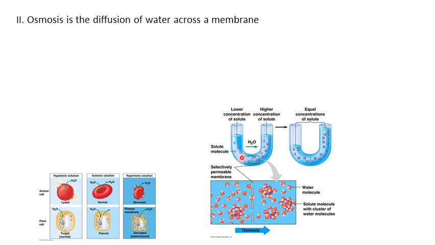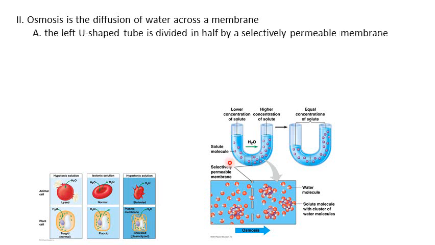Okay, now it's really obvious that we have this U-shaped tube divided in half by a selectively permeable membrane. And if you look over here on the left half, you see there are way fewer solutes as compared to the right half.